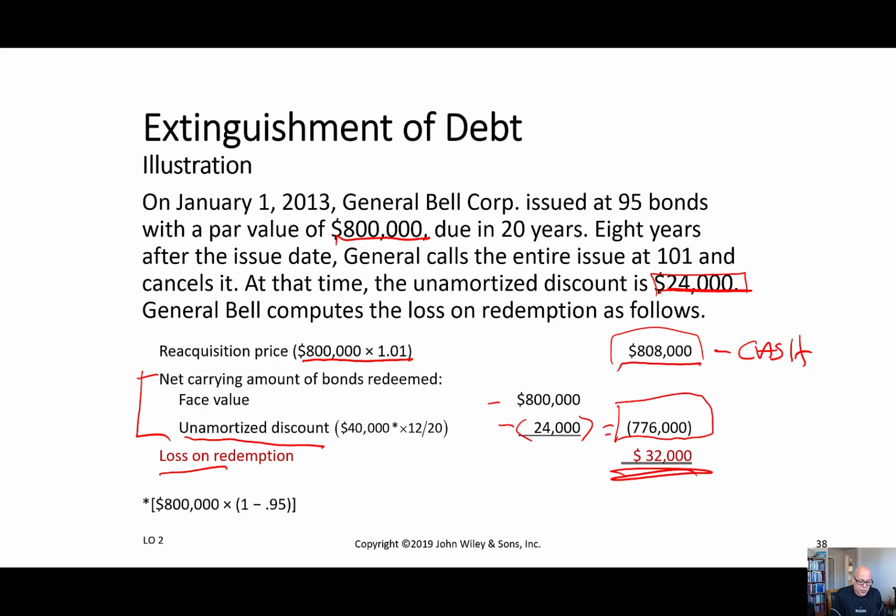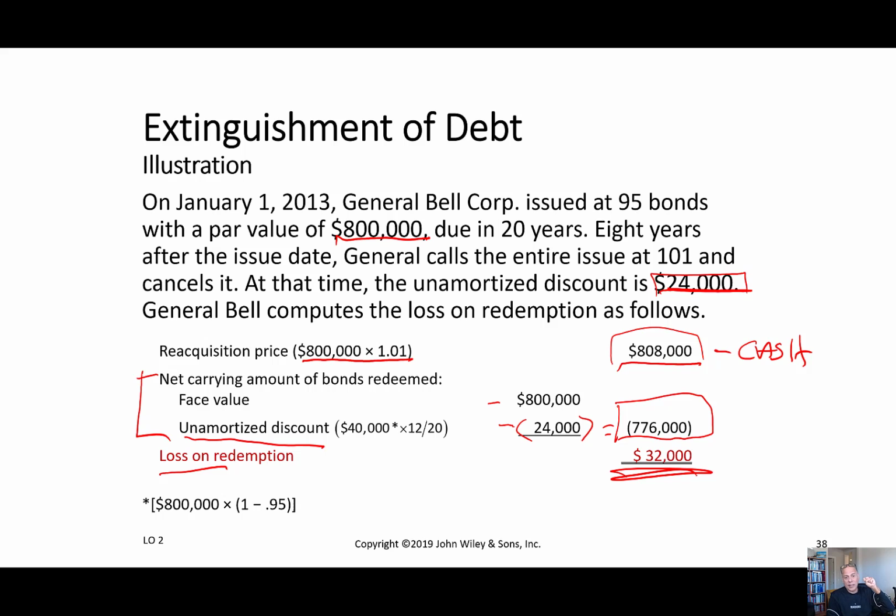Think of it this way, guys. Go back to the refinancing your house example. Let's say somebody told you, hey, you still owe $776,000 on your house, but I'll let you pay it off for $808,000. You'd say, what am I, a loser? I'm not going to take that loss. I only have to pay $776,000 to pay this off. Why would I pay you $808? Now, in the case of the bond, they're doing it because what?